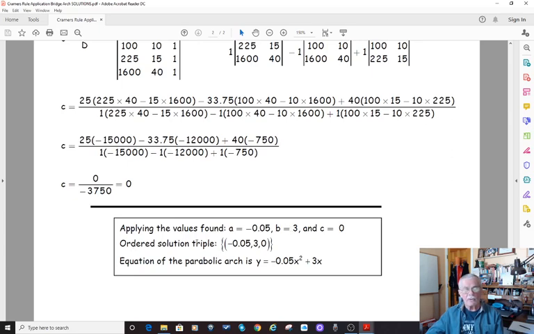If you're asked for an ordered solution triple, here's how you would write it. A, B, C, alphabetical order. You have the parentheses because it's an ordered triple, and you have the brackets because it's a set. And what this comes down to, the equation of the parabolic arch, is this. And since C is a 0, we have no constant term.